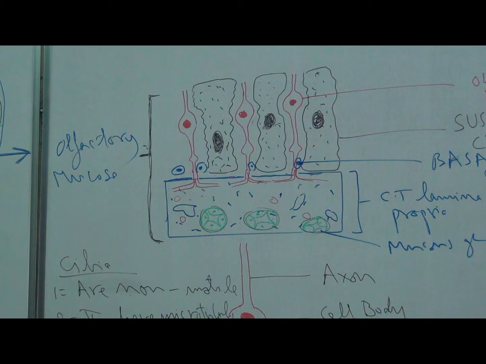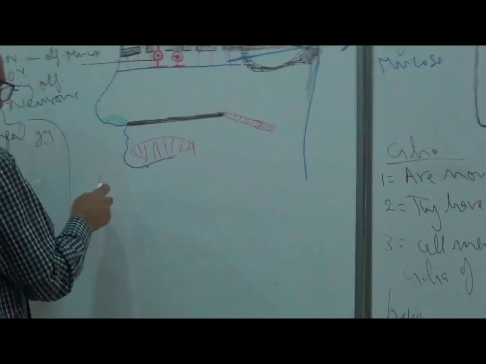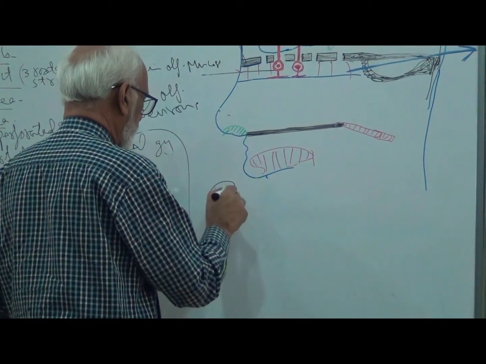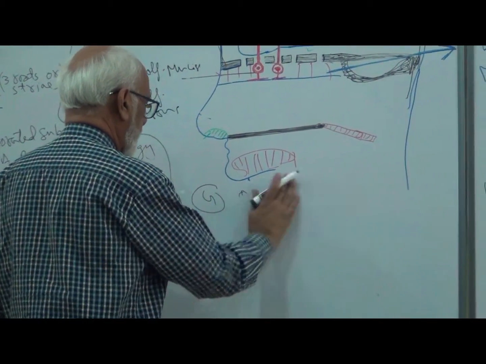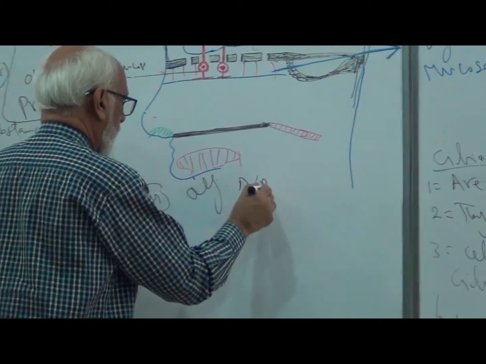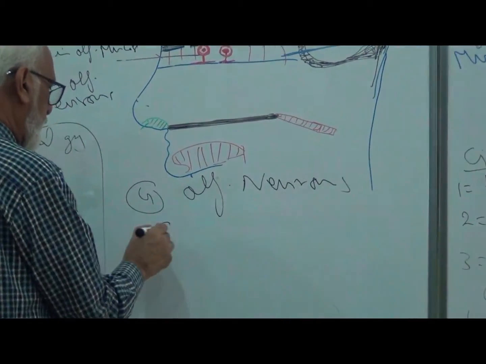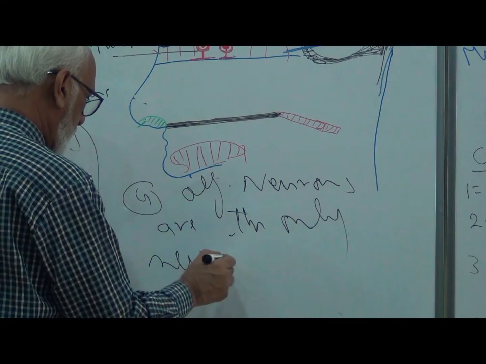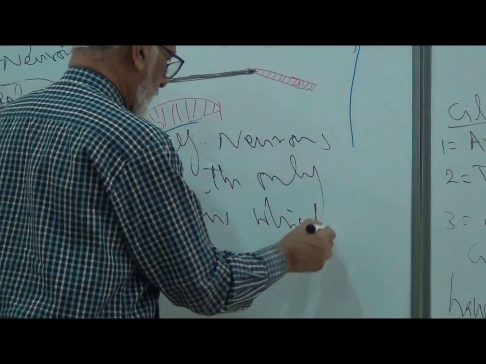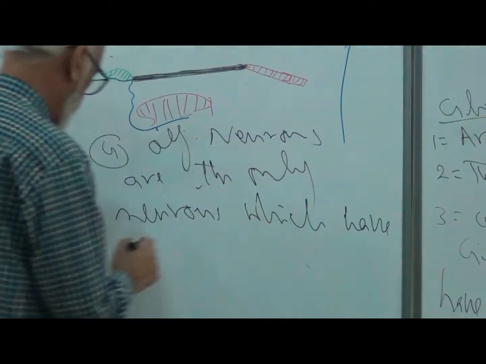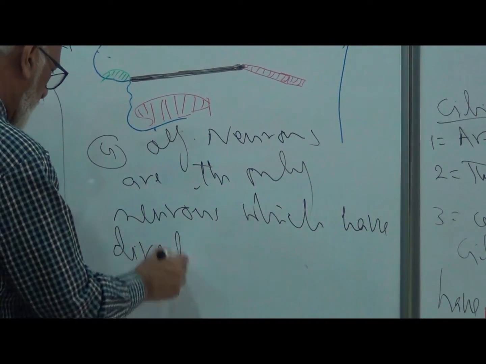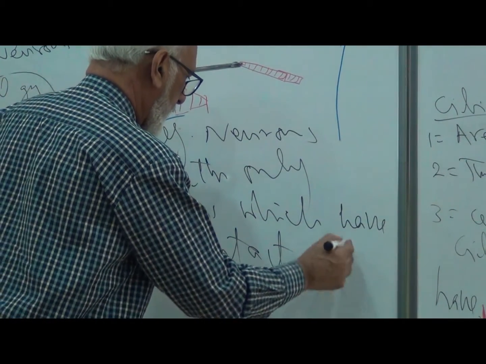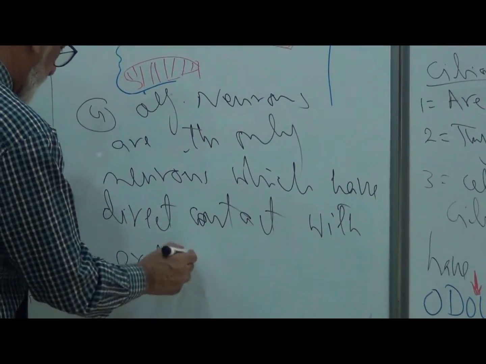Now, another very important characteristic feature of these olfactory neurons is that they are the only neurons which have direct contact with the external environment.